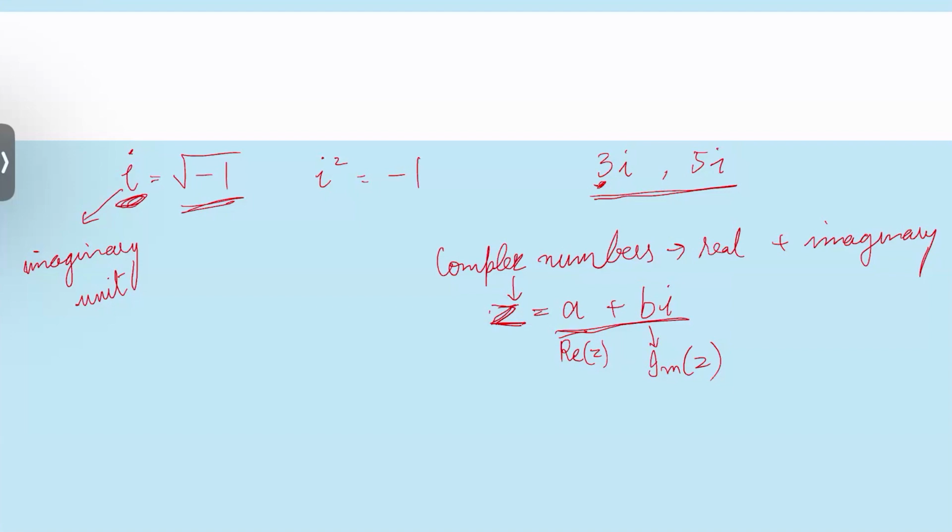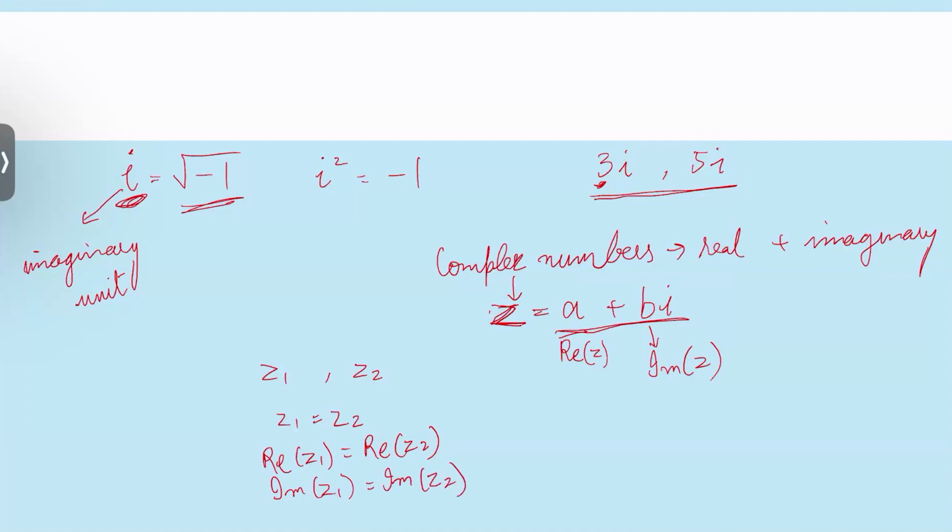And one important aspect that we saw was that two complex numbers are said to be equal if the real part of Z1 is equal to the real part of Z2, and also if their imaginary parts are equal.